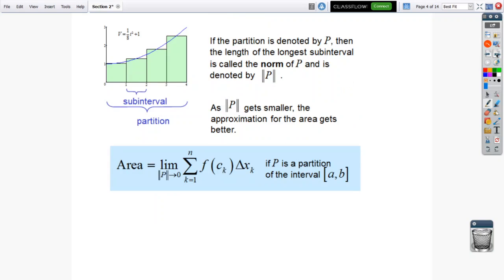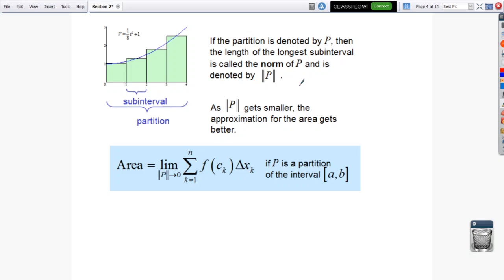That being said, we have to have something called the longest subinterval. So if the partition is denoted by P, then the length of the longest subinterval is called the norm of P. And then the way that we write the norm of P is just these double absolute value brackets around a P. As the norm of P gets smaller, so as the longest subinterval gets smaller, all of the subintervals get smaller, and therefore the approximation for the area gets better.